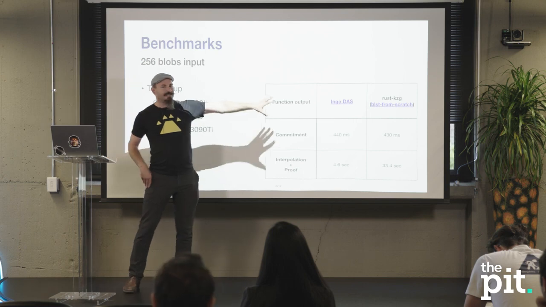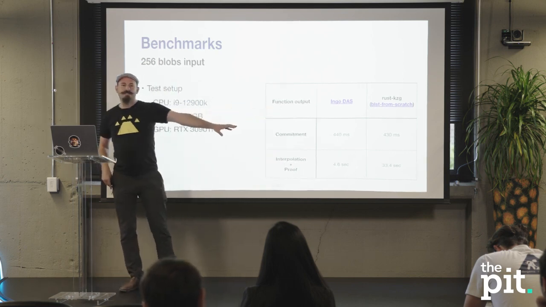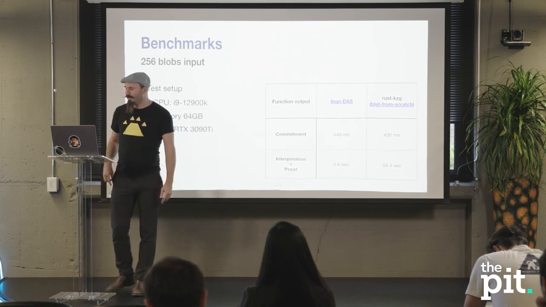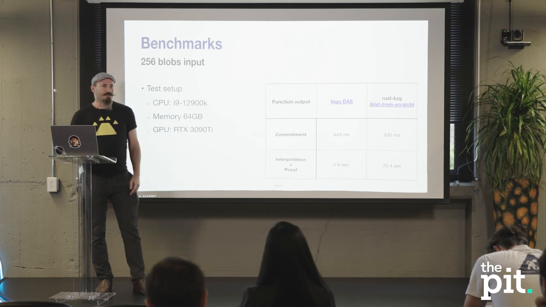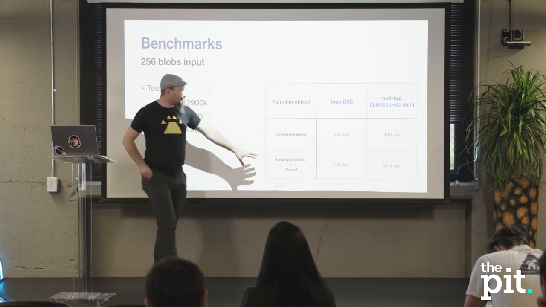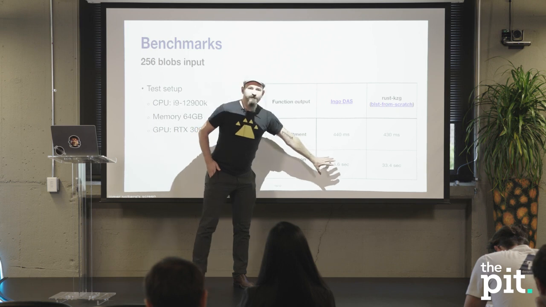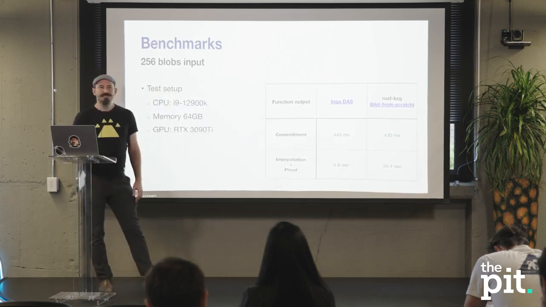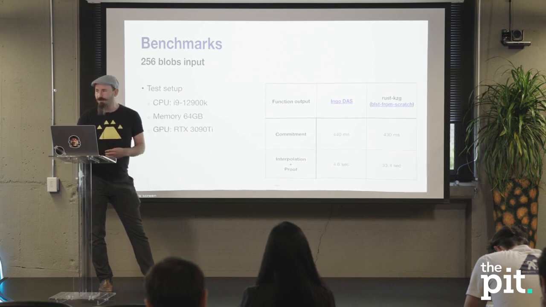This competition is used on CPU, and actually the difference is due to the communication between the CPU and GPU in our solution. So a few tens of milliseconds are lost there. However, you can see that the interpolation and proof branch is much, much faster. The current benchmark is 4.6 seconds compared to more than 30 seconds.